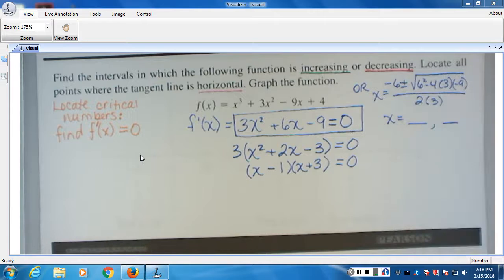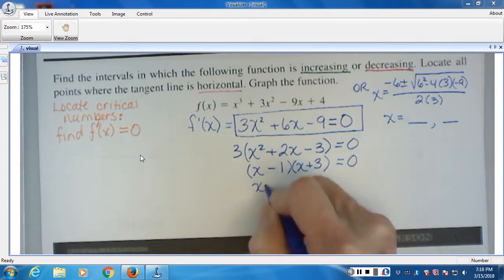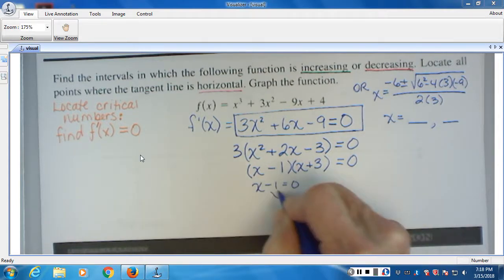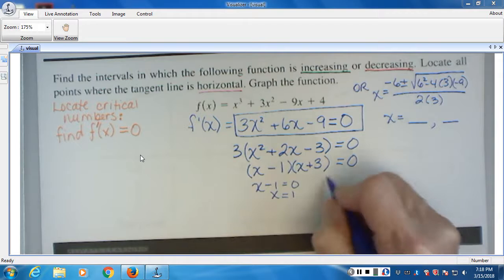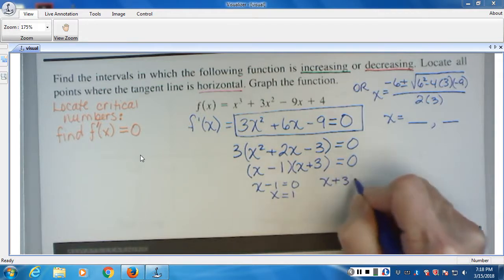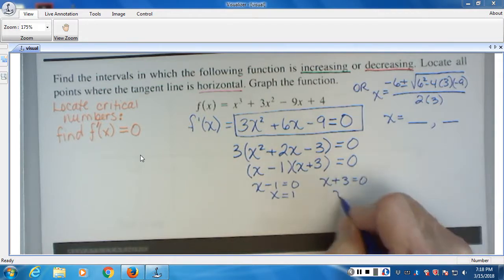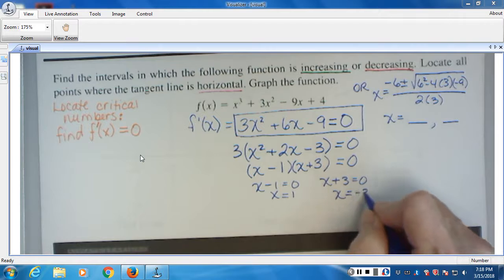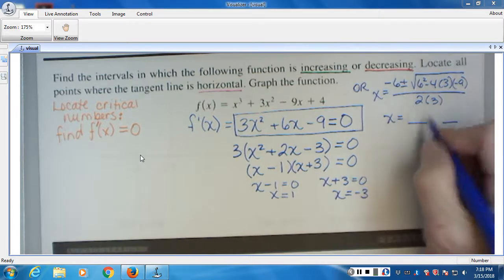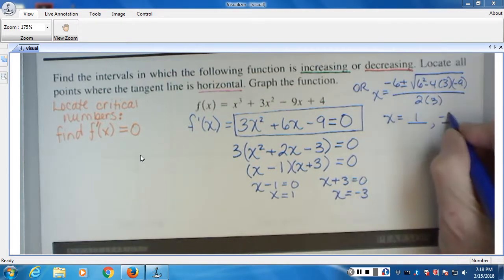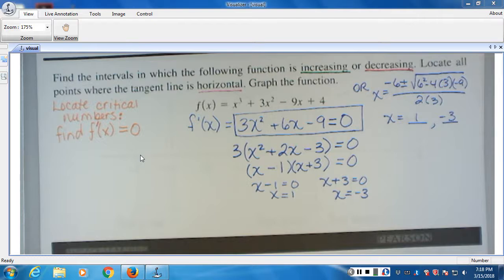You'll come out with the same 2 answers I'm going to come out with using the zero product principle, which says that either x minus 1 is equal to 0, so x must have been 1, or x plus 3 is equal to 0, so x would have come out to be negative 3. That's the same answers I would get over here. There wouldn't be any difference. Okay?